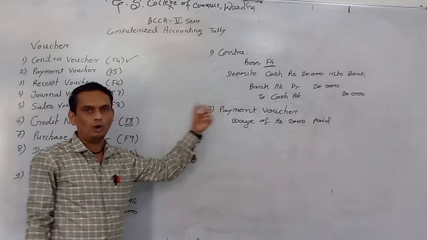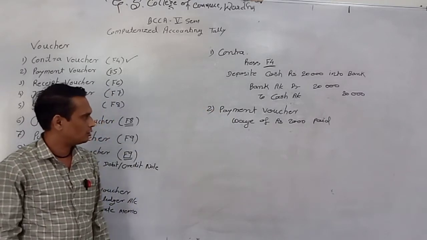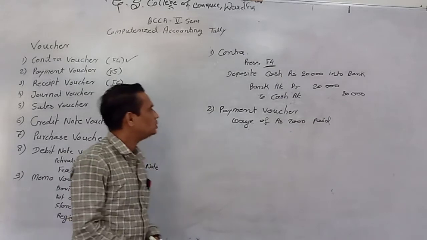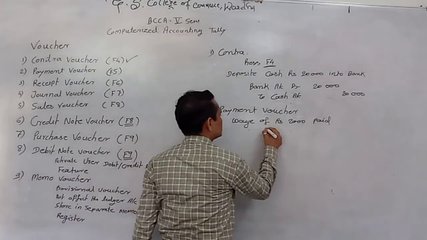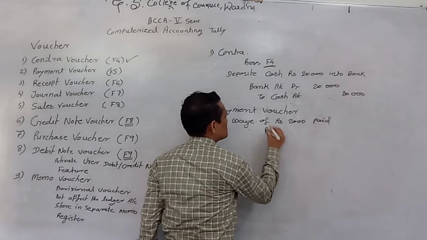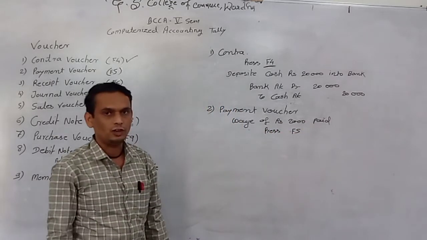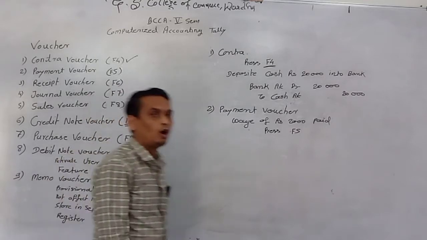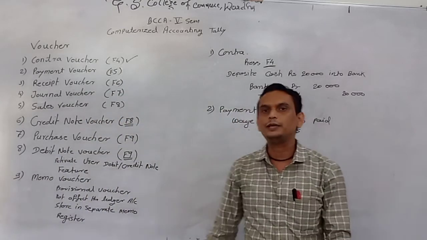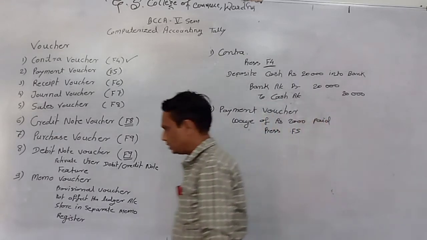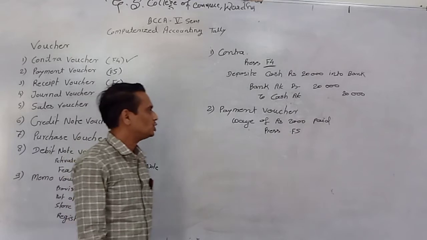Here wages are expenses, so expenses should be paid, and any type of payment can be made in a payment voucher. For recording these transactions on the voucher screen, we should press the function key F5 on the vertical toolbar on the voucher screen.